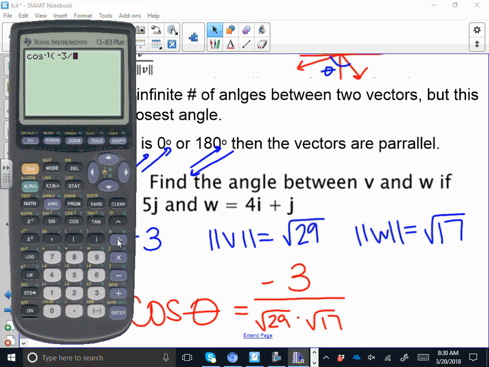That's not what you want. Okay? So make sure you put parentheses around radical 29 times radical 17. So our angle is 97.77 degrees.